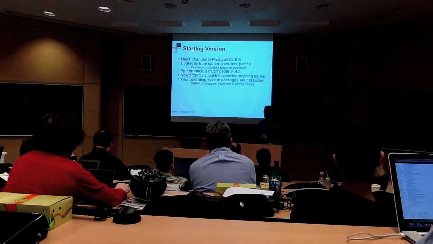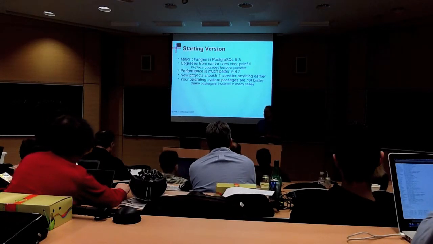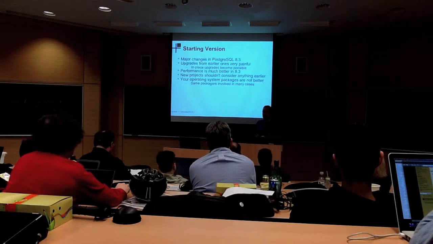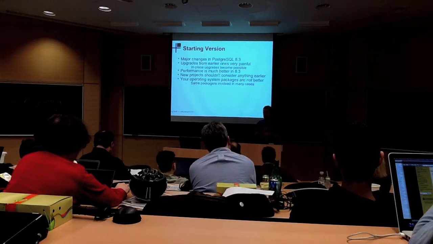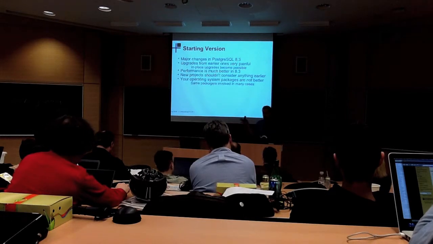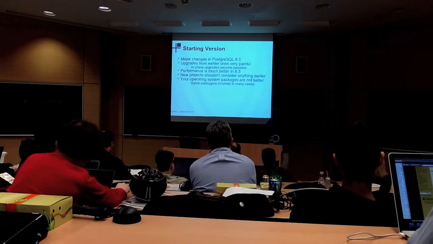The way I try to explain to people is every day that goes by that you're running a Postgres 8.2 or earlier database, and your database is getting bigger, you're making the scope of the upgrade problem coming one day bigger too.